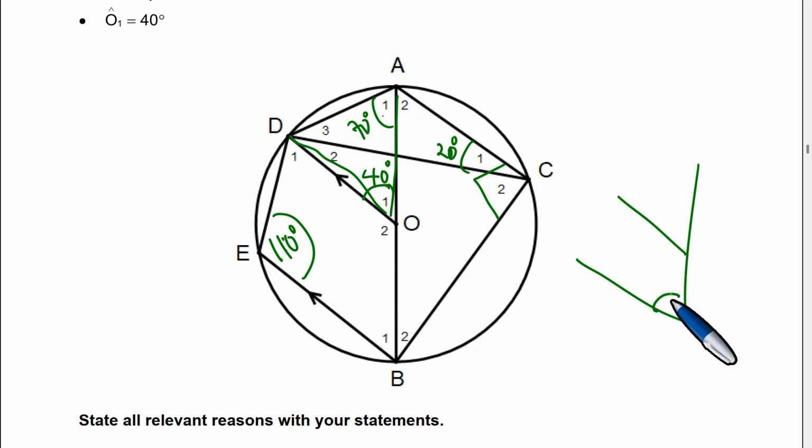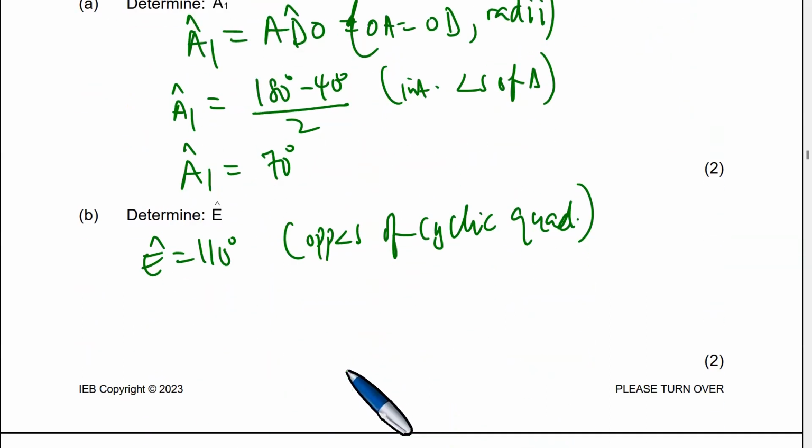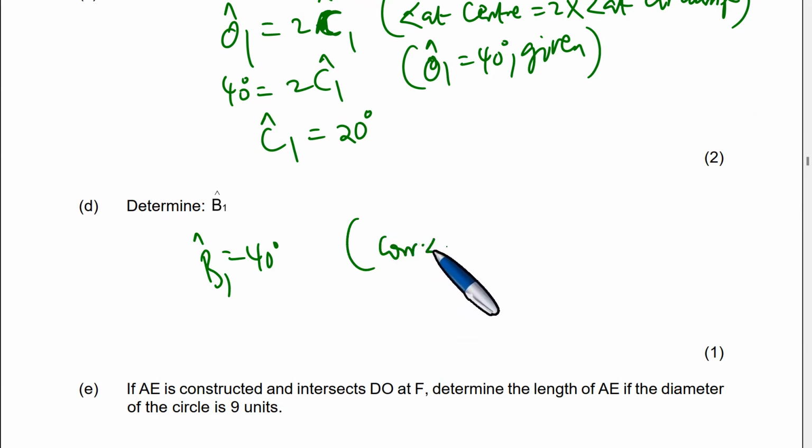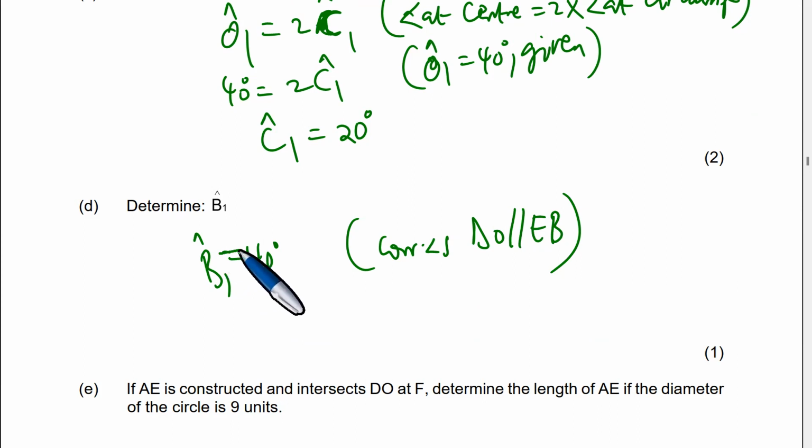So this angle is equal to this, which means this is also 40 degrees. So B1 equals 40 degrees, corresponding angles, because DO is parallel to EB.